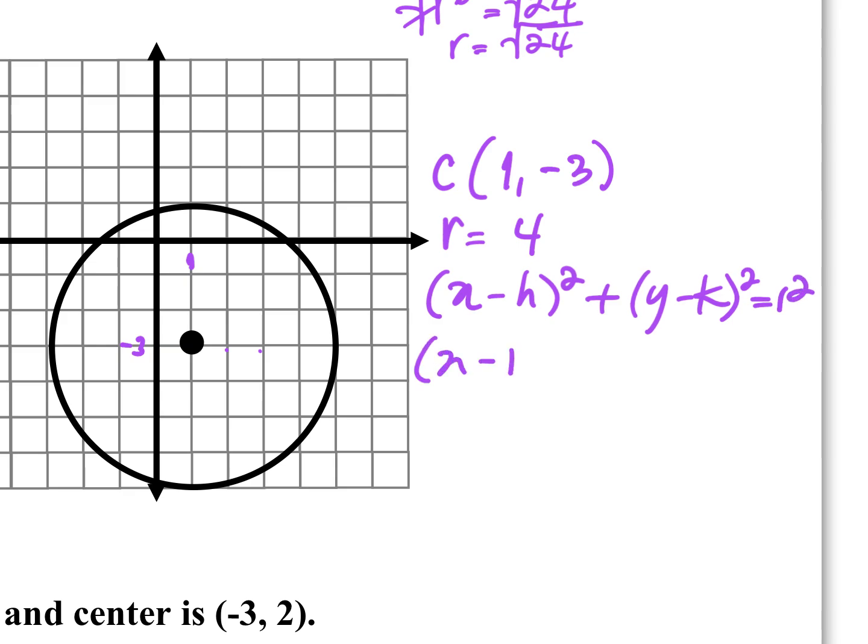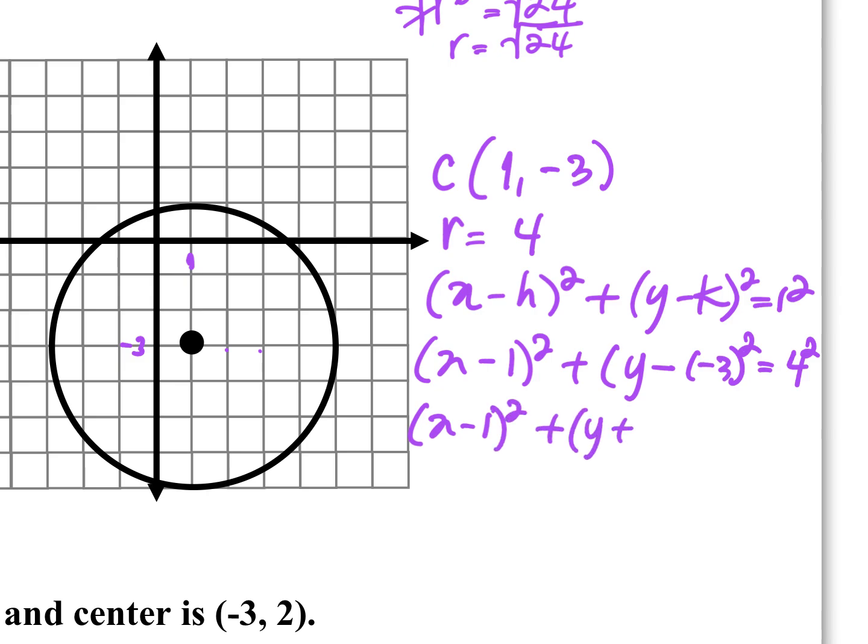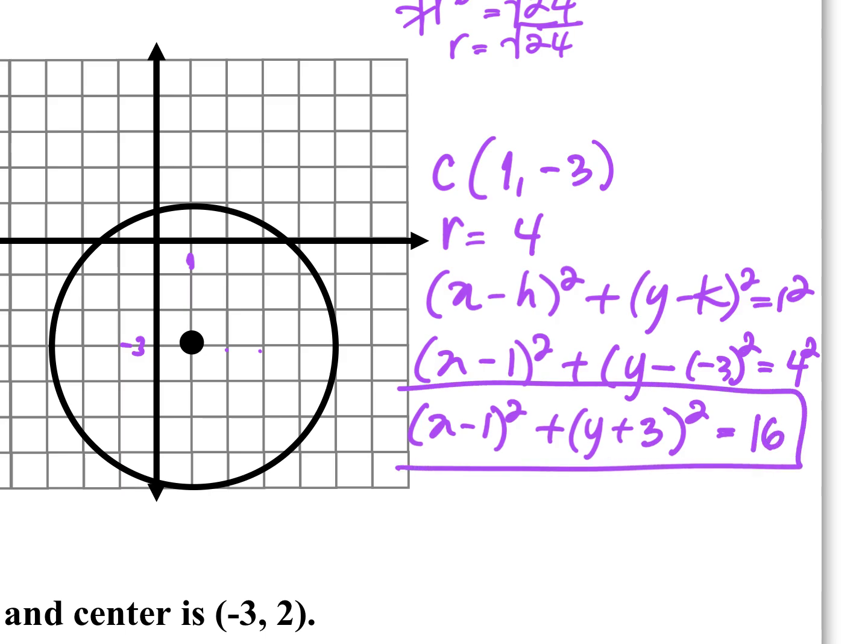X minus 1 squared plus y minus 3 squared is equal to 4 squared. So simplifying everything, that's going to give you x minus 1 squared plus y plus 3 squared is equal to 16. Okay, so this is the equation of this circle.